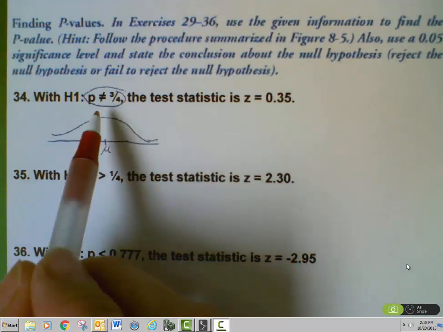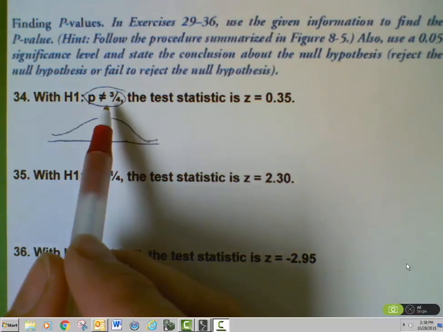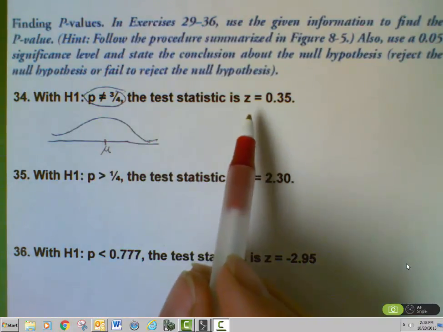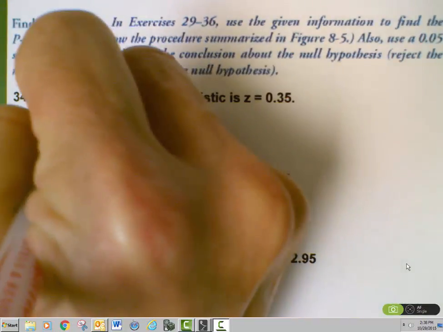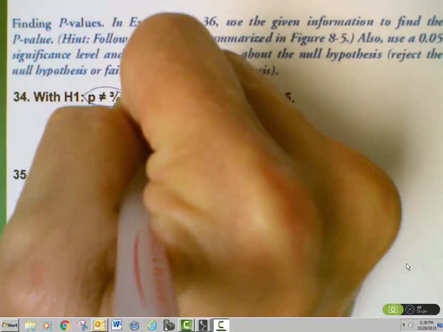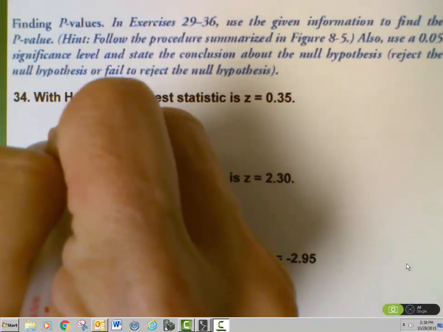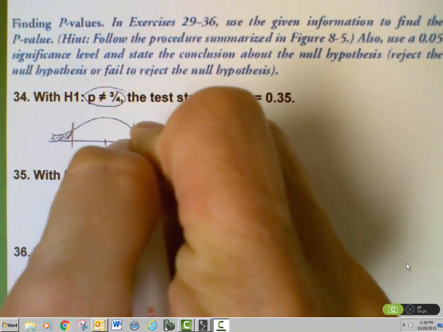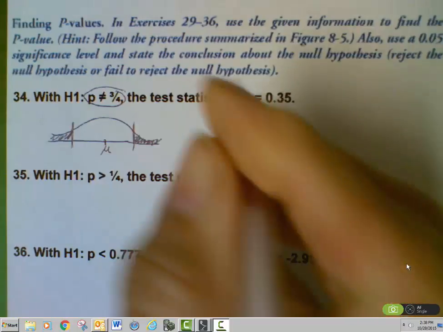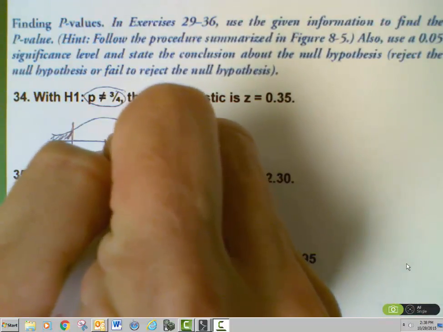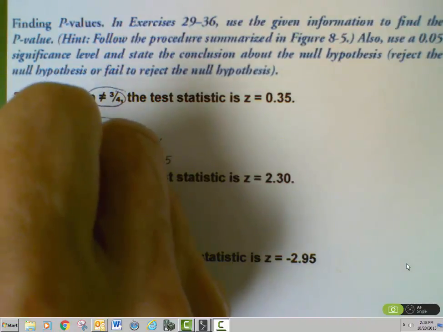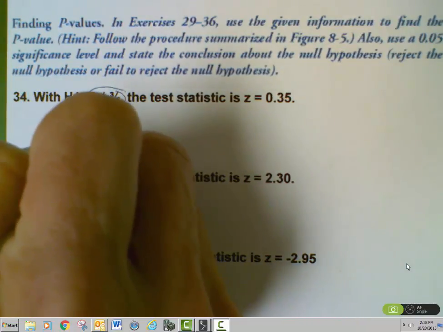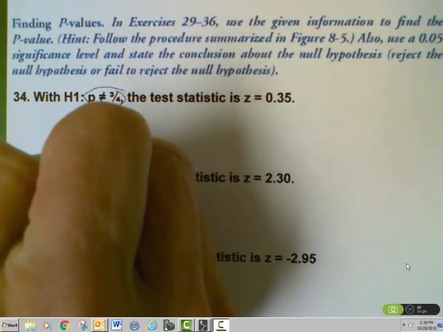When you have not equals in the alternate hypothesis, that tells you you're conducting a two-tail test and the z-score is 0.35. So for this p-value, we're looking for the area in both ends of the normal distribution, the area beyond the z-score z equals positive 0.35, and the area to the left of z equals negative 0.35.